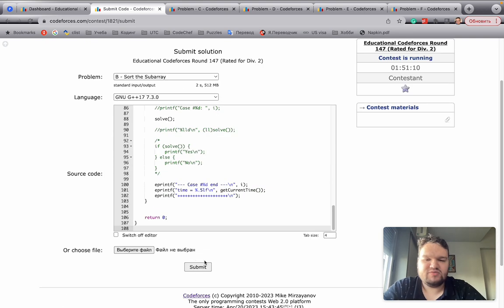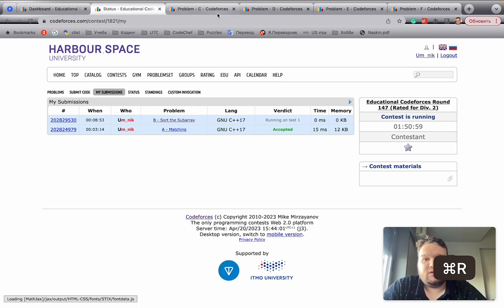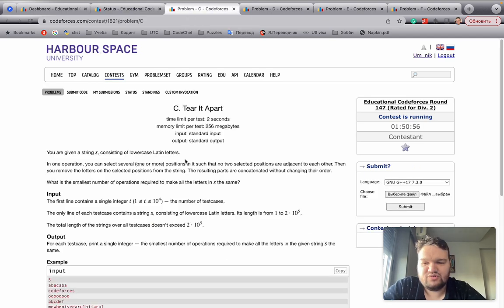This problem would be a bit more annoying if we were not guaranteed that the answer exists. Not much harder, but annoying.